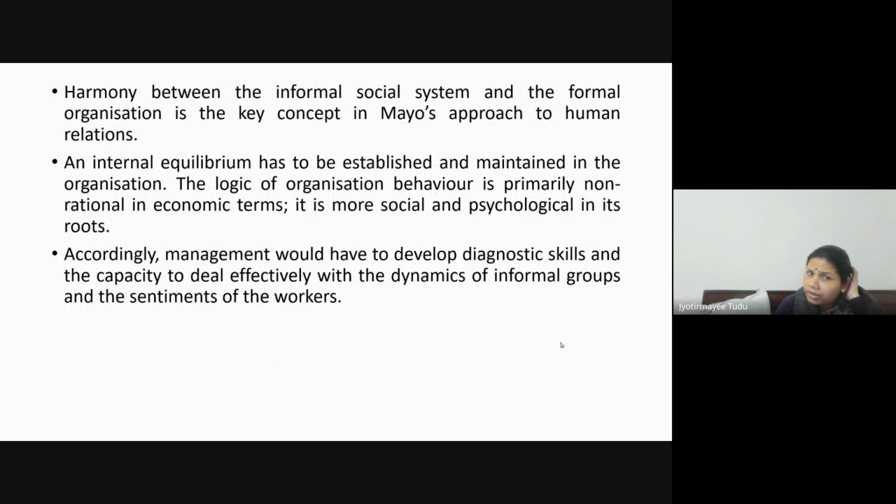Then it is also talking about that there must be harmony between the informal social system and the formal organization. So here we have also discussed the formal and informal organization. So here also it is making the point that the formal organization could also inculcate the values of informality within the formal organization.